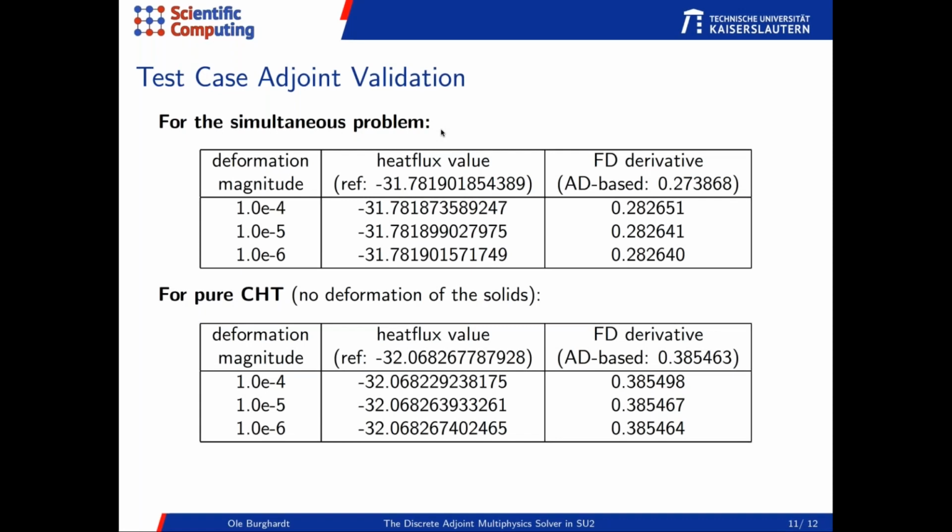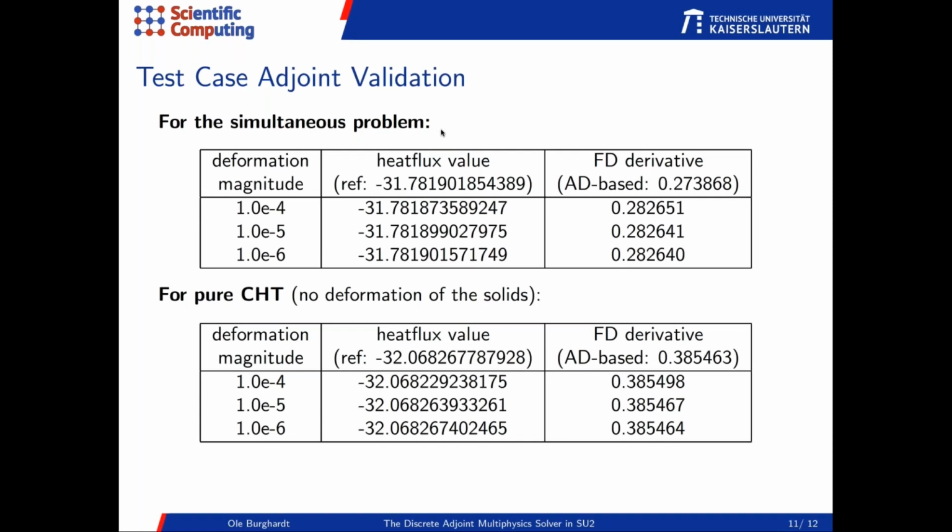For the simultaneous problem, the finite differences converge nicely, although there remains a slight error to the AD-based one. Taking out the deformation part of the simulation, as for a pure CHT problem, the error almost vanishes.